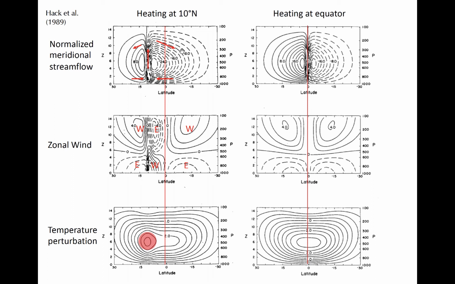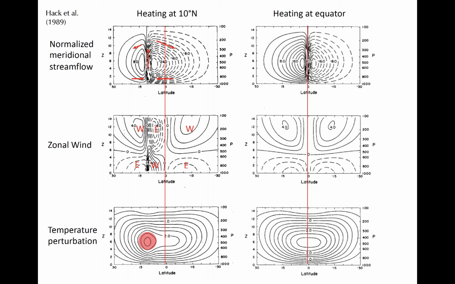Low-level easterlies are present on either side of the upward branch in the symmetric heating scenario. And this is broadly true for the asymmetric heating case as well, except, very importantly, a narrow region of surface westerlies can occur between the upward branch and the equator when asymmetric heating occurs.